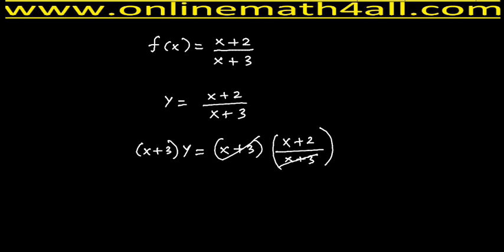So (x + 3) will get cancelled, and here we multiply (x + 3) by y. When I do so, x times y is xy, and 3 times y is 3y, equal to x + 2. Now I am going to take negative x, negative 3y on both sides.